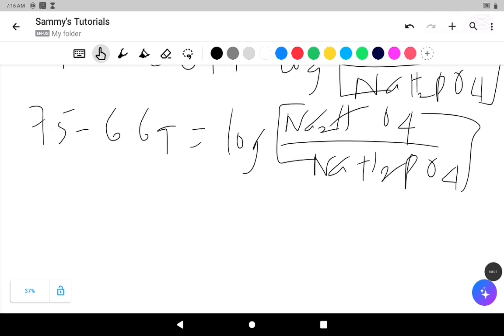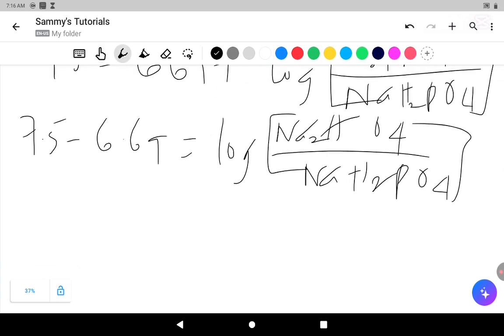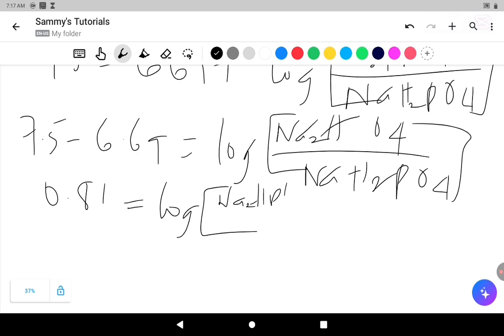We have 0.81 equals log of Na2HPO4 all over NaH2PO4.